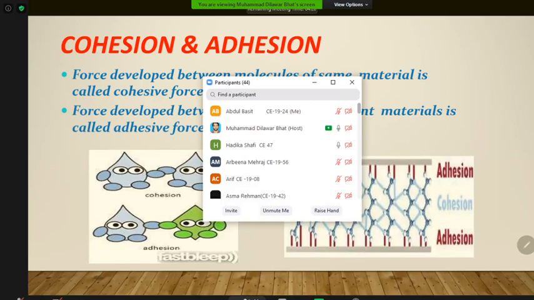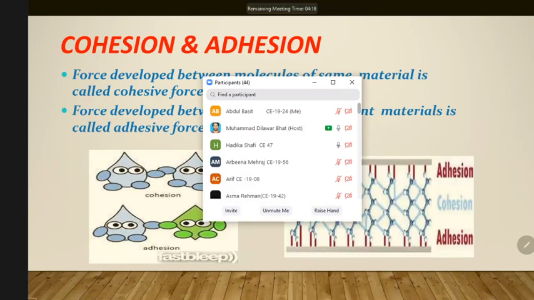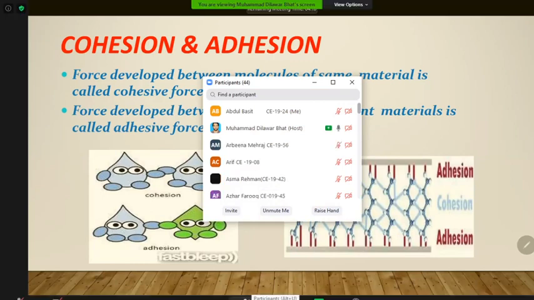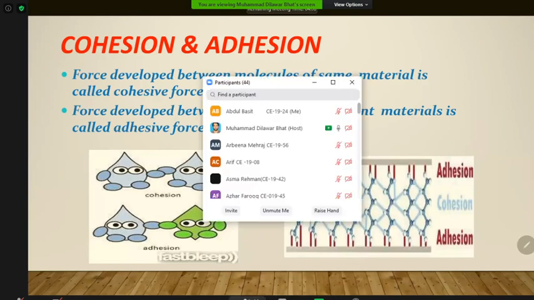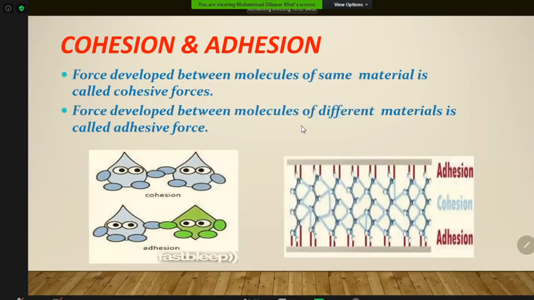For example, soil particles get in contact with each other and are associated with each other because they are the same particles, and the force that is developed between the same particles is called cohesion.